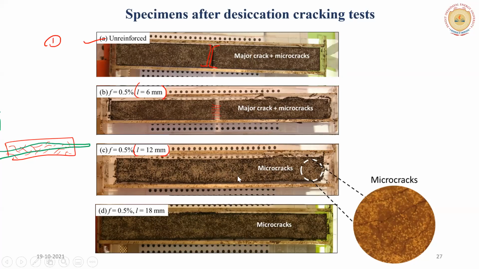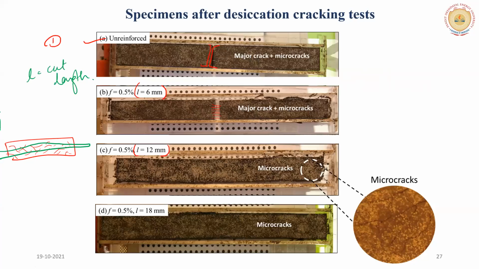So if you see from the top, these are the photographs, there is no cracking in the specimen for L equal to 12 mm. And also for L equal to 18 mm. What is L? L is nothing but your cut length of the fiber, right?